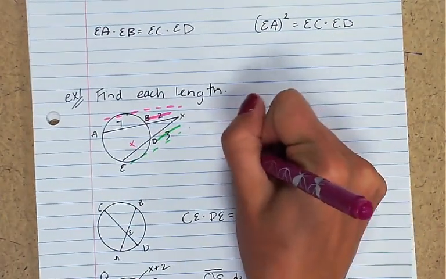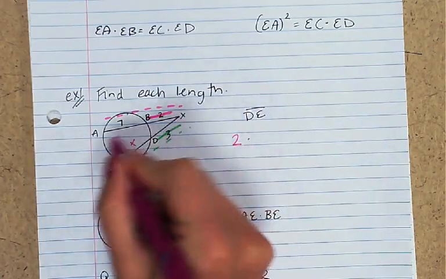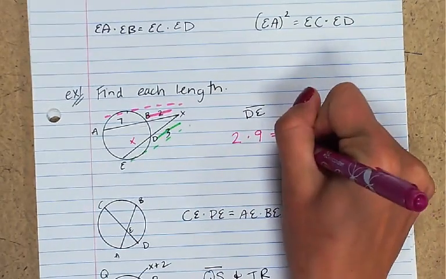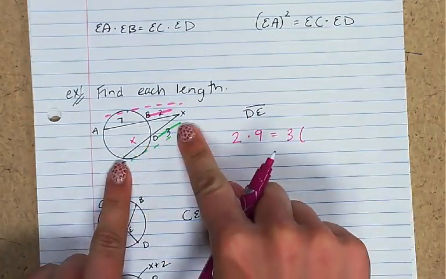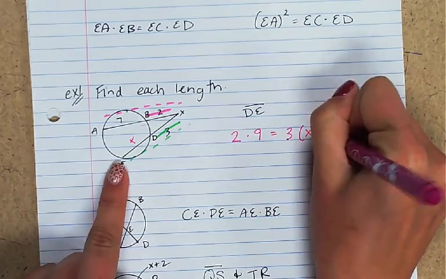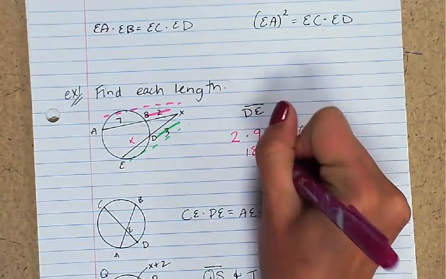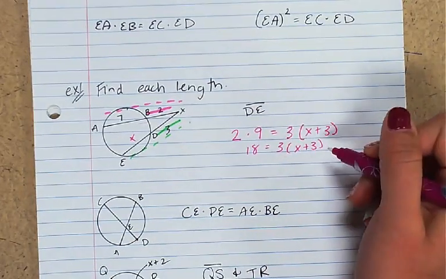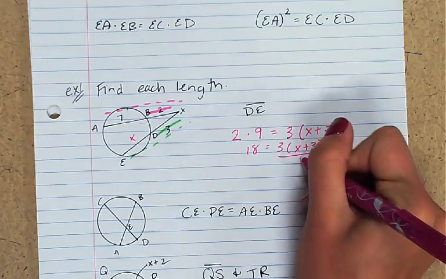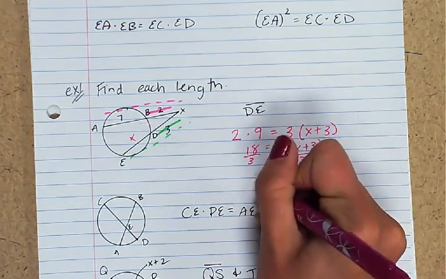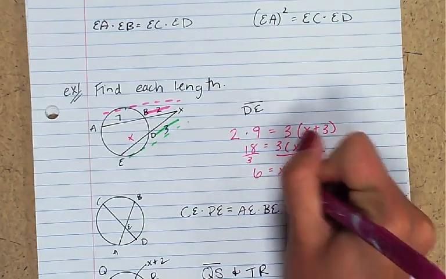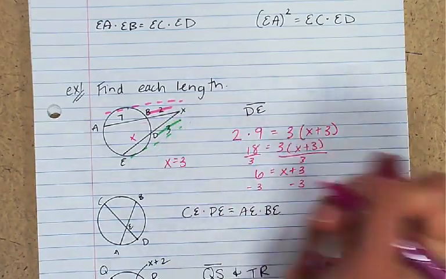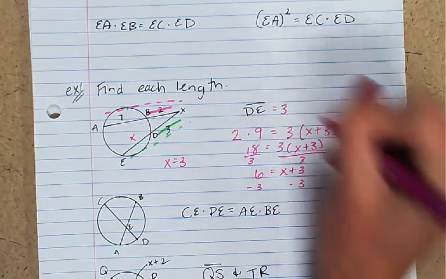So outside 3 times the whole thing, X plus 3, equals 9 times 6. Here we could choose to either distribute the 3 or divide both sides by 3. I'm going to choose to divide by 3. So 6 equals X plus 3, and subtract 3. So the length of DE is 3.